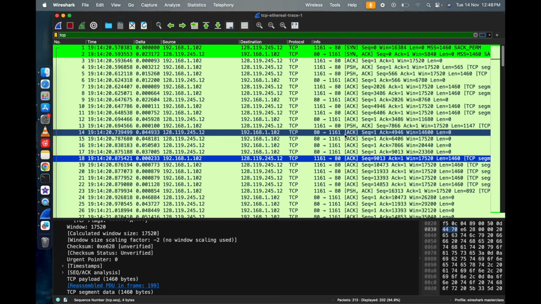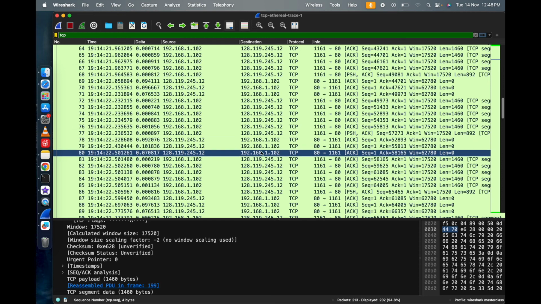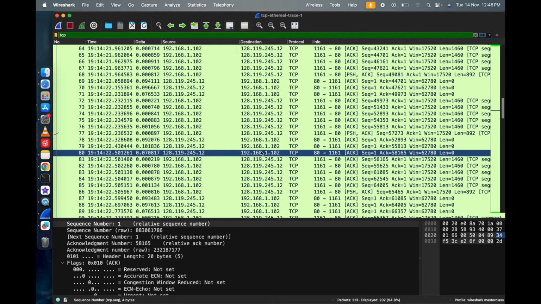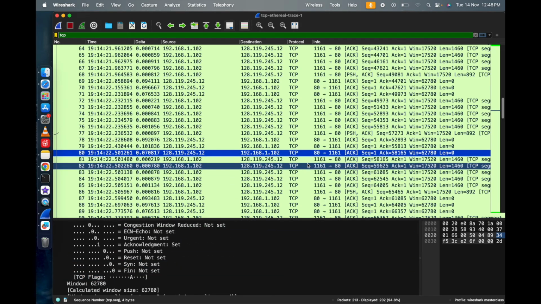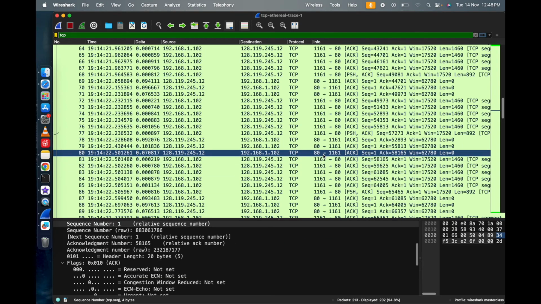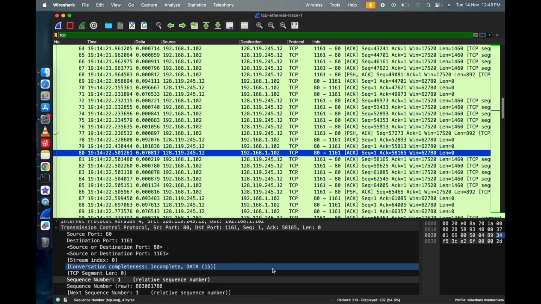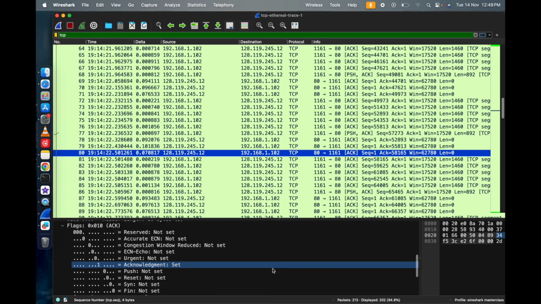See, for example, let's go to segment 80. Here the acknowledgement data is 2920 bytes, and 2920 bytes is nothing but 1460 times 2, right?